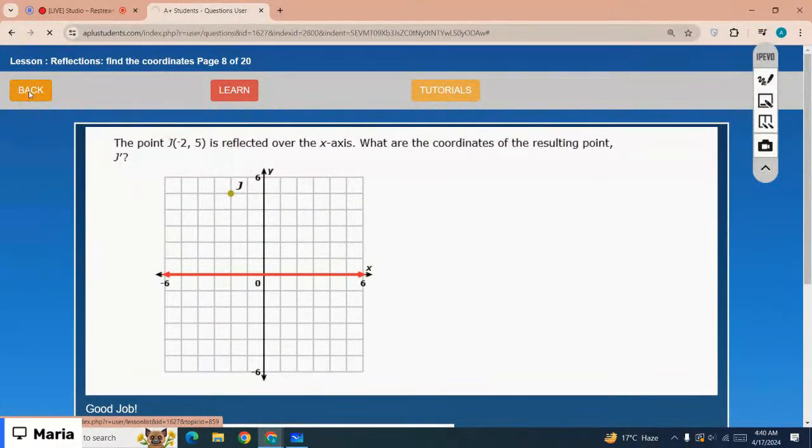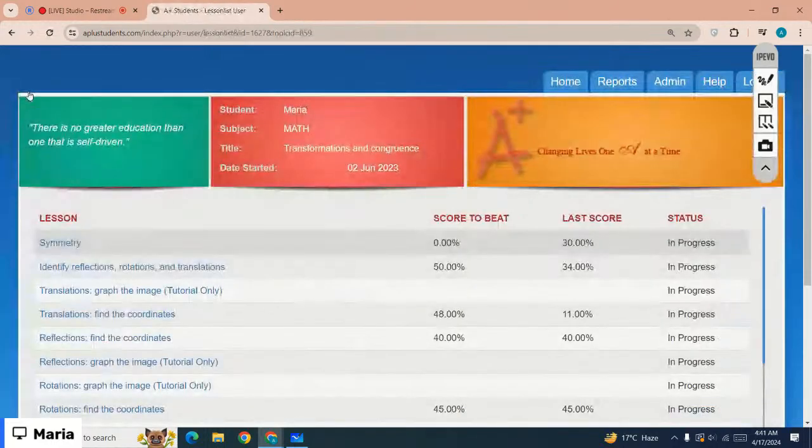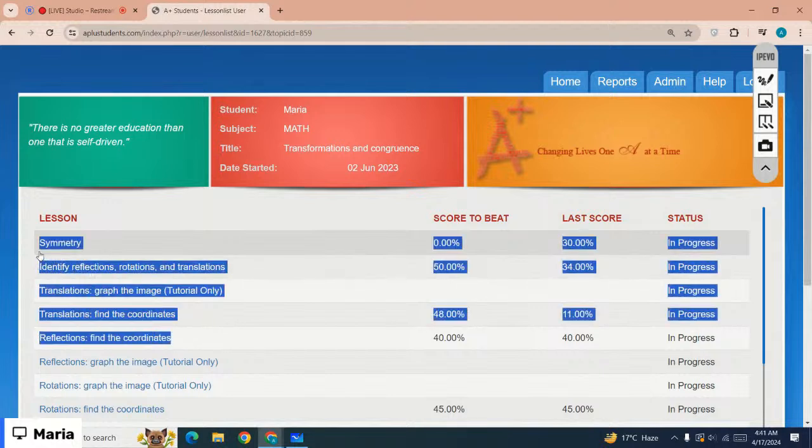So we were working on grade 7 math. The chapter we were working on is transformations and congruence, and the lessons we have covered today are symmetry, identify reflections, rotations and translations, translations graph the image, translations find the coordinates, and reflections find the coordinates.